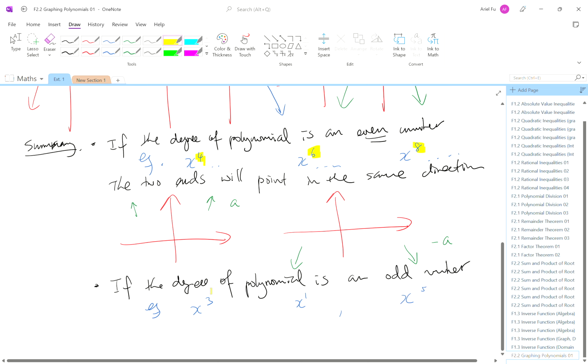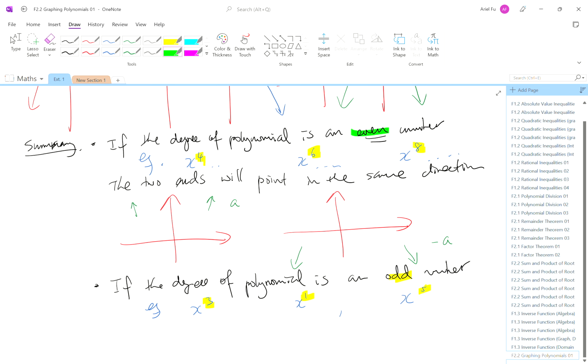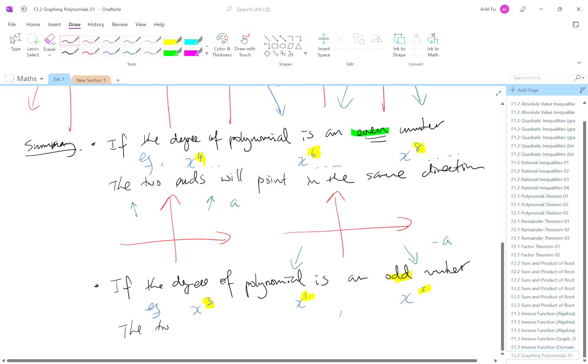As long as this is an odd number, and the other one was even, then the two ends will be pointing in opposite directions. The two ends will point in opposite directions.